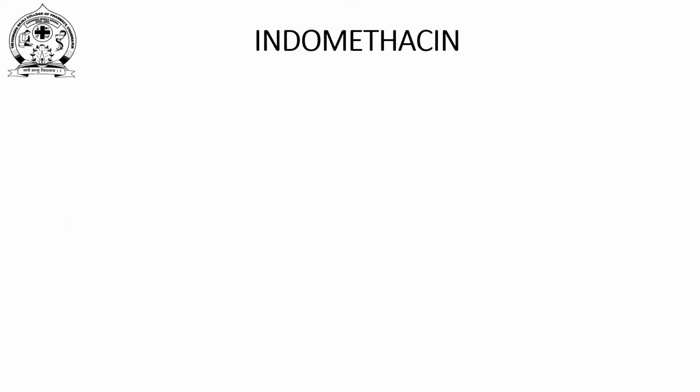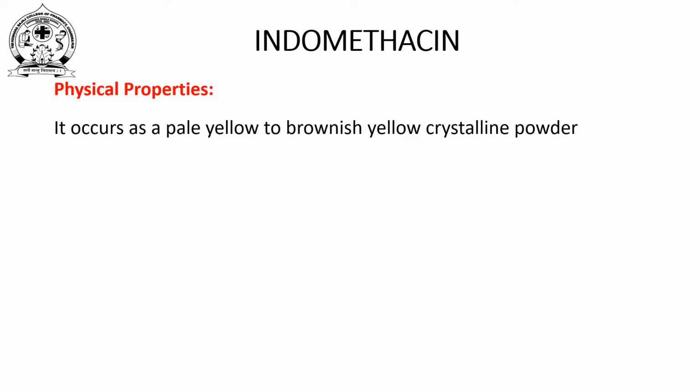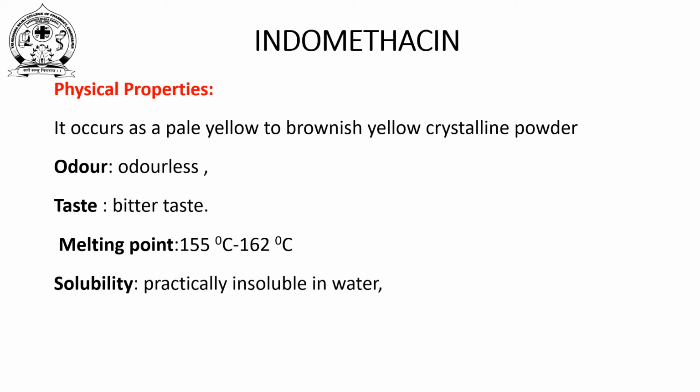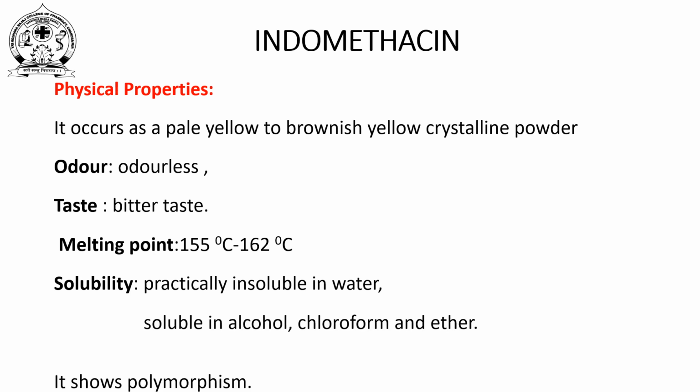Next, coming to the properties of indomethacin. First we will see physical properties. It occurs as a pale yellow to brownish yellow crystalline powder. It is odorless, with a bitter taste, and the melting point is 155 to 162 degrees centigrade. Regarding solubility, it is practically insoluble in water, and soluble in alcohol, chloroform and ether.